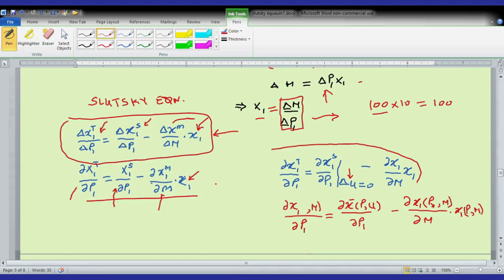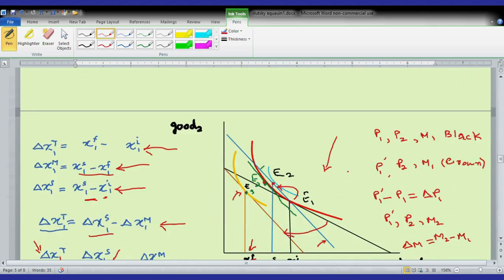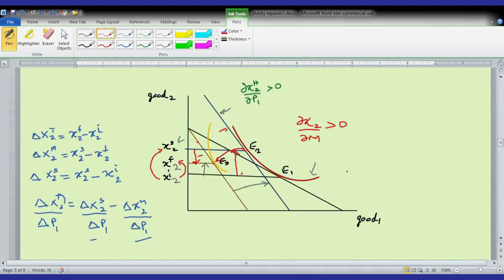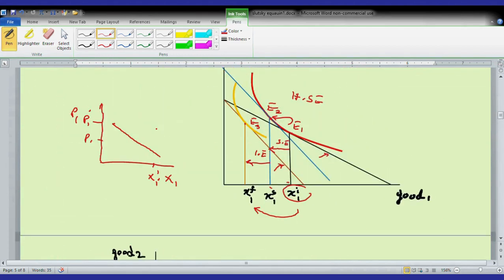When we write this equation for the Hicksian compensation, utility is held constant, so this is a movement along the same indifference curve, from point E1 to E2 in this graph.